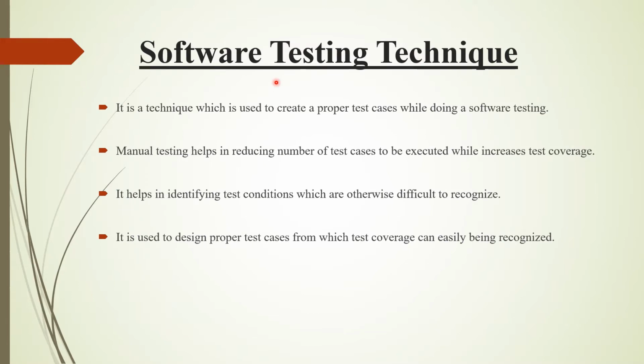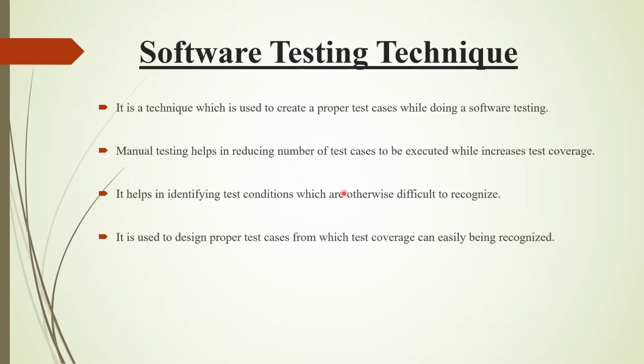What basically is the software testing technique? The software testing technique is a technique used to create a proper test case while doing software testing. It is basically a method to identify the valid or invalid test cases in the application. As it helps in reducing the number of test cases to be executed while increasing the test coverage, we first have to identify what the valid test cases are in the particular input, or what the invalid test cases are.